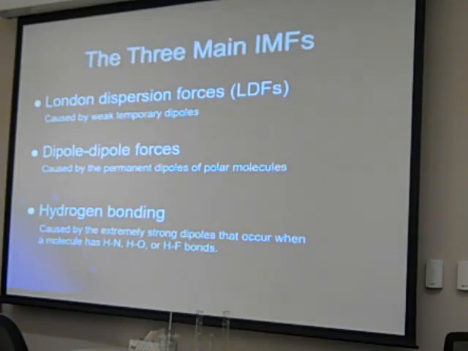That's not a hydrogen bond, okay? Hydrogen bonding is when you have two or more of these molecules, and it's the interaction between this lone pair here on this very huge partial negative and this attraction to this partial positive on this hydrogen.